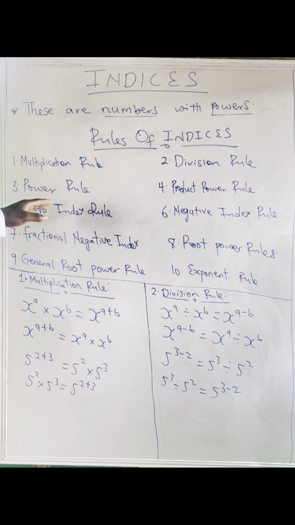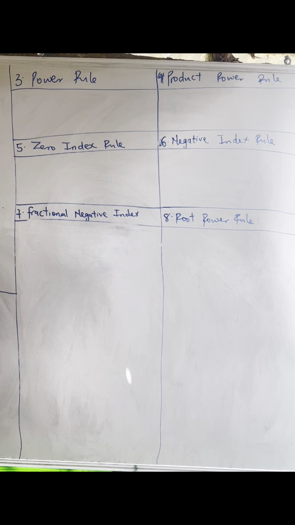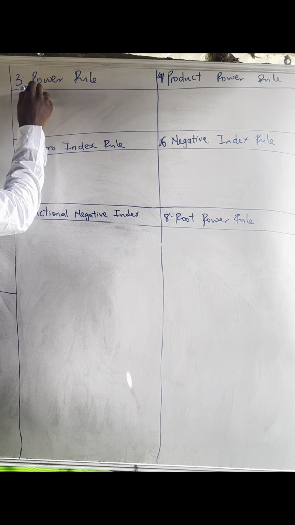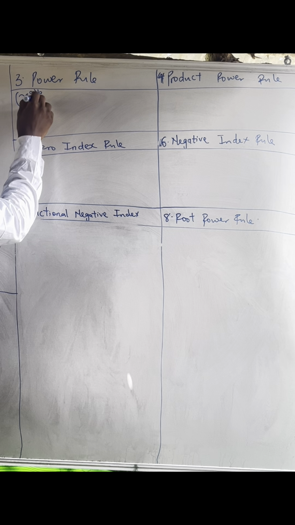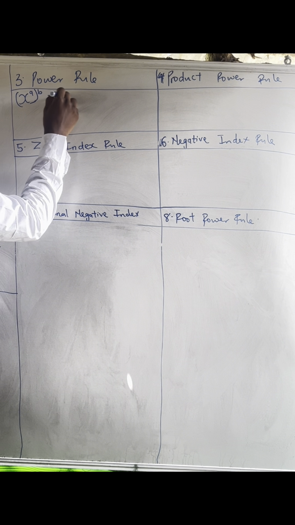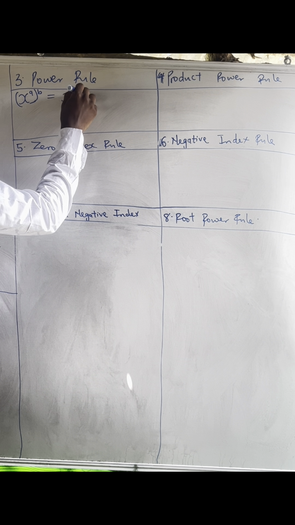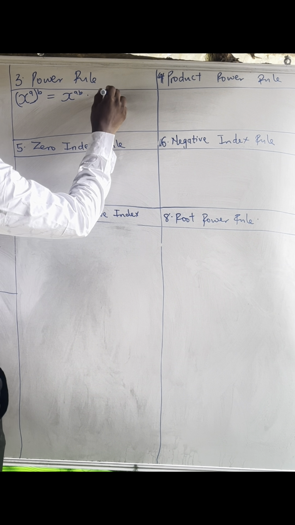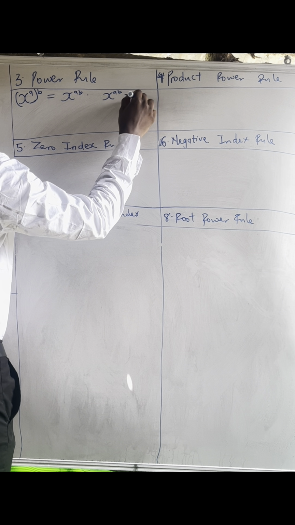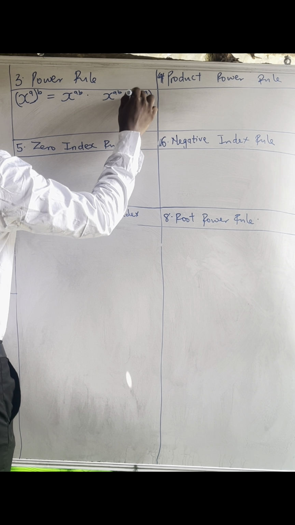Now let's move on to the next rule, the power rule. Guys, what the power rule is talking about is that, let's say we have an expression in the form x raised to power a, all raised to power b. You are going to see that we have two powers here. Are you there? Then this expression can be written as x raised to power a times b. At the same time, if you have it as x raised to power a times b, you can also rewrite it as x raised to power a, all raised to power b.